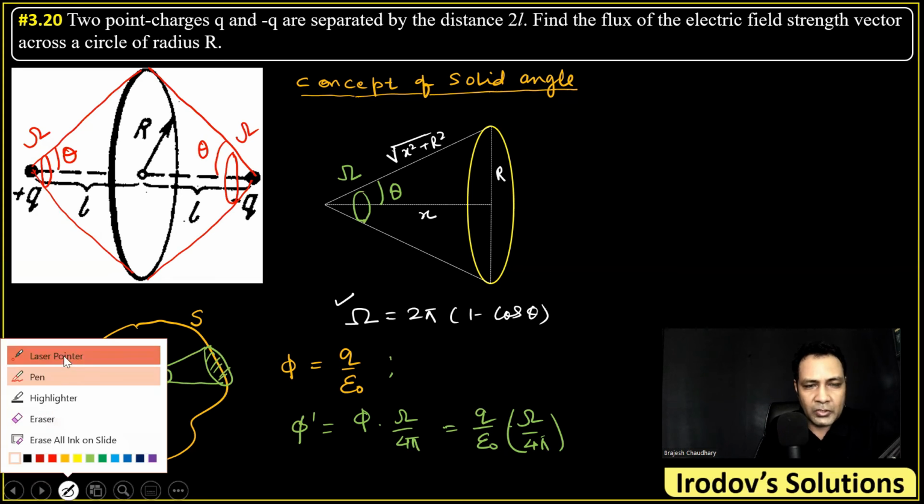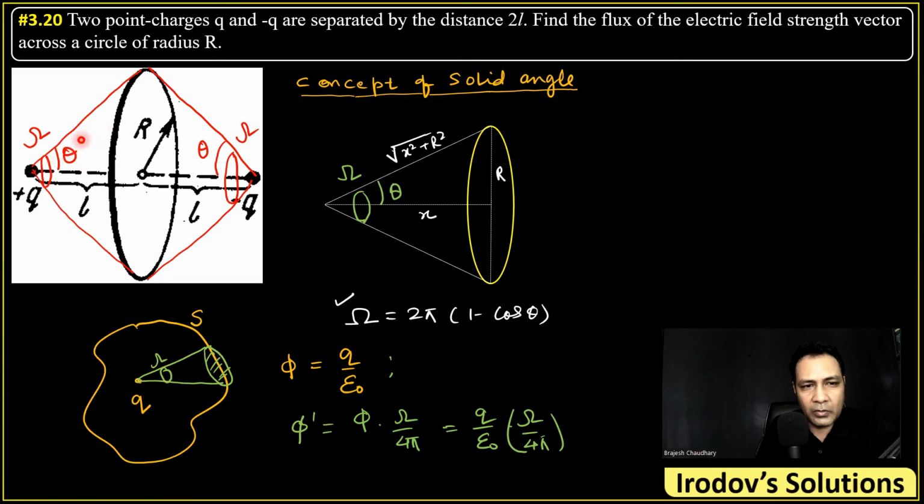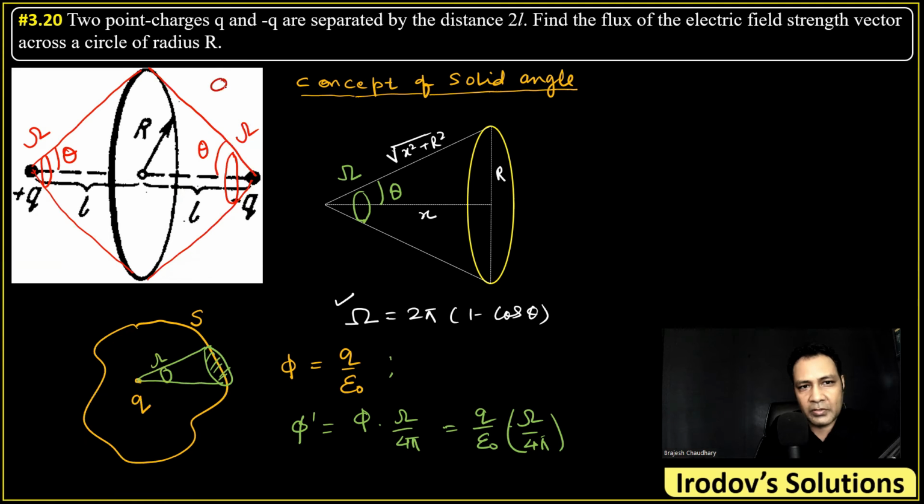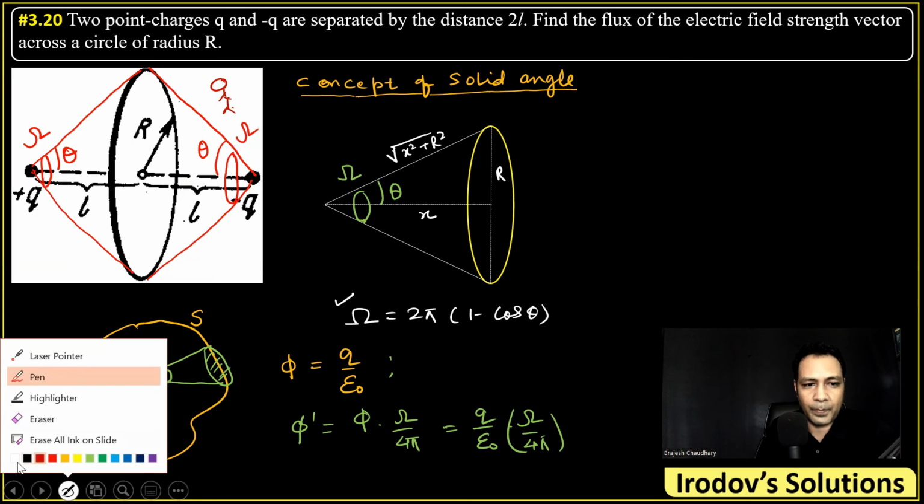Because of the positive charge, the field lines will be crossing along this direction, and because of the negative charge, field lines will also be crossing towards this direction. So for an observer here, the flux because of both individual charges will be positive, so the overall flux will be additive.